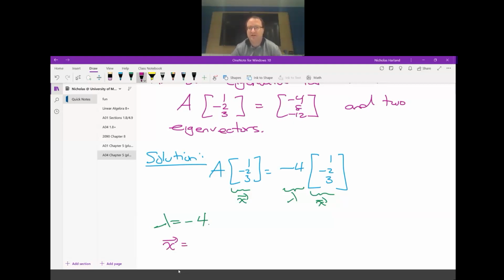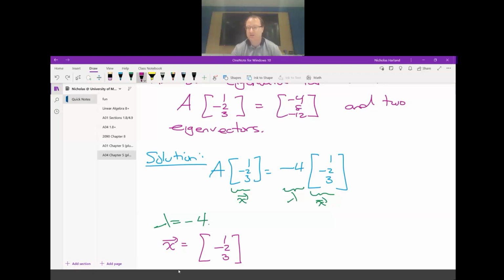When we're talking about eigenvectors, we're talking about the x. So the longer it takes, the less obvious my obvious one is. But yeah, (1, -2, 3). So the lambda is the constant. The eigenvector is the x, or at least the non-zero x, because that's what eigenvectors are, the non-trivial solutions.